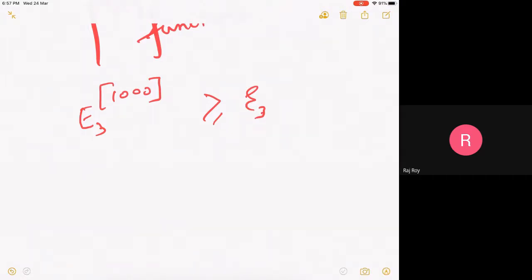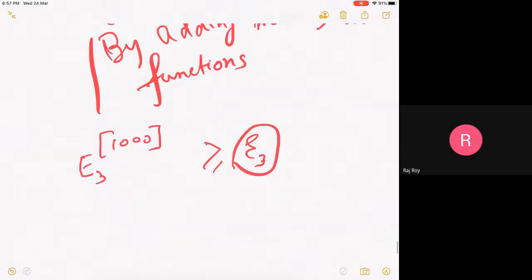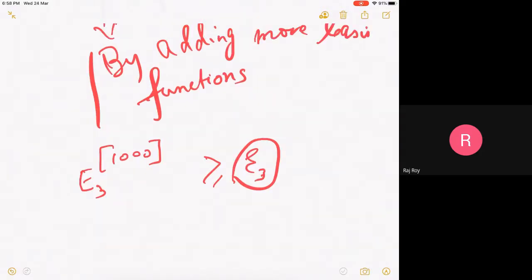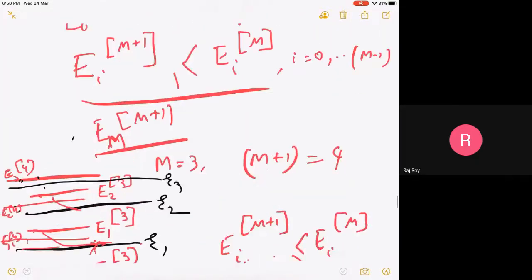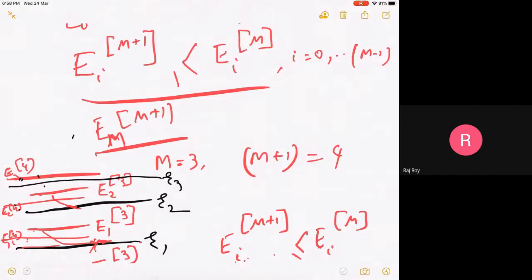And more interestingly, what will happen to E2? I don't know whether it will cross or not, but it will never cross the epsilon 3, however large the basis is. So by a small number of basis functions, 3 and 4, you can see that these numbers are all going down.